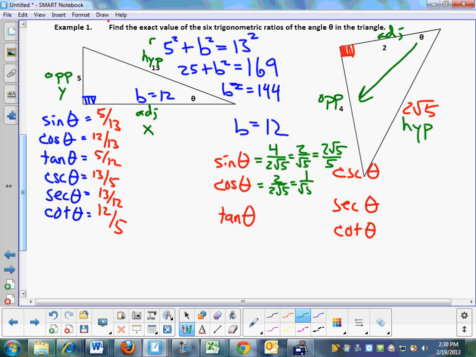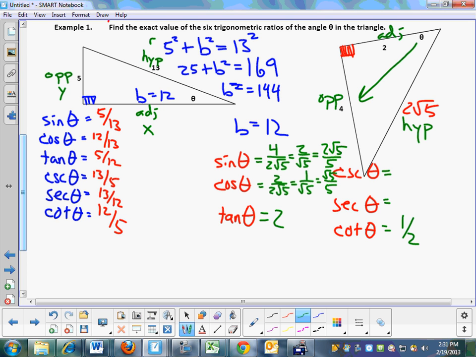Or 1 over the square root of 5, which is square root of 5 over 5. So what's tangent? 4 over 2 or 2. Good. So cotangent is 1/2.